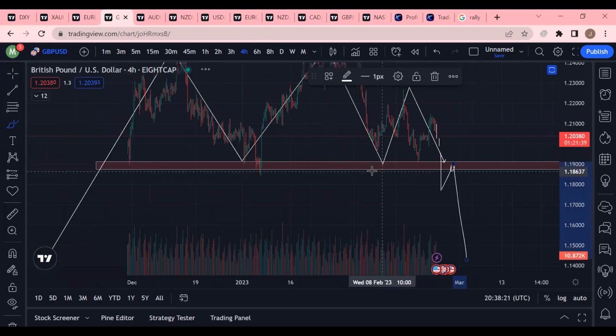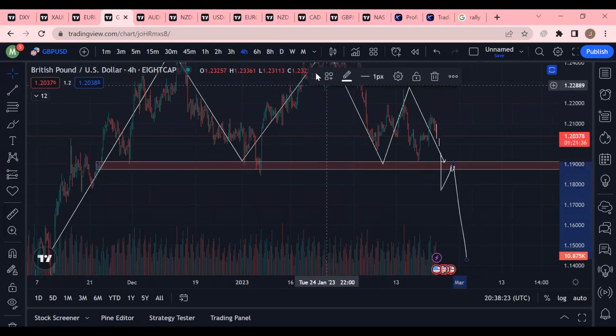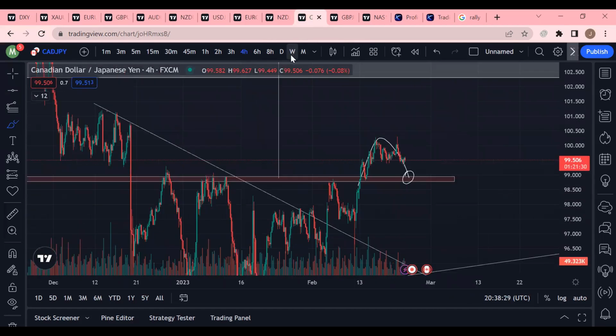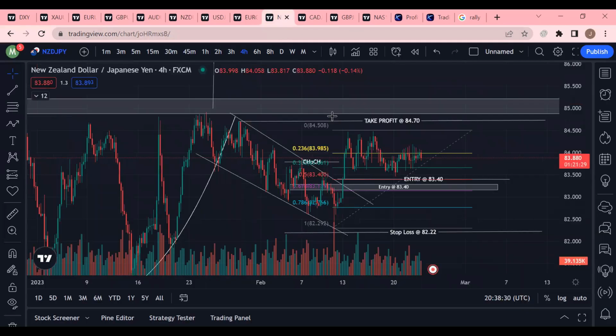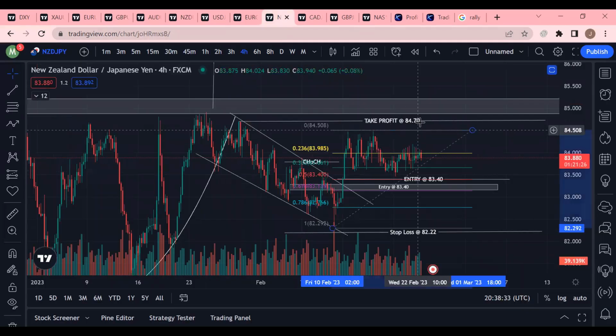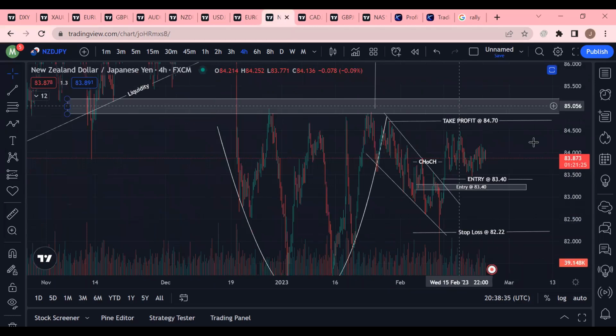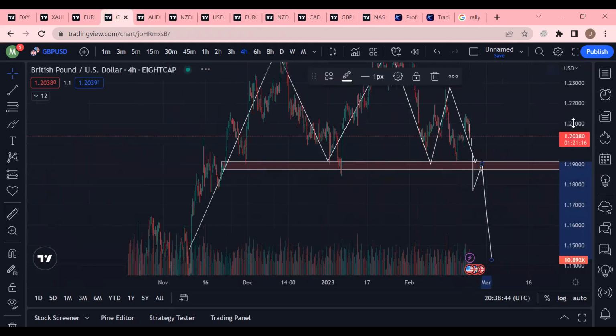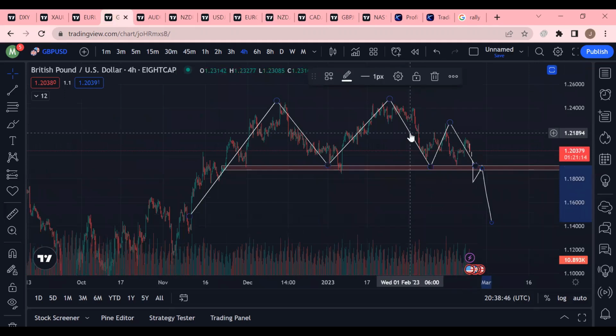Definitely we have a cup and handle pattern, just like we had on what's it called? Is it this one or this one? Look at it, look at it. Same thing that wants to happen on JPUSD right now is what is happening in a cup and handle pattern. Then JPUSD is going to have an inverse cup and handle pattern.